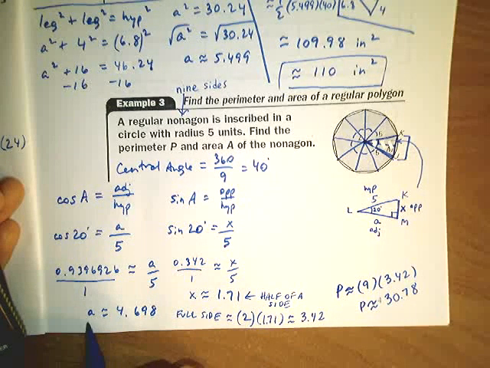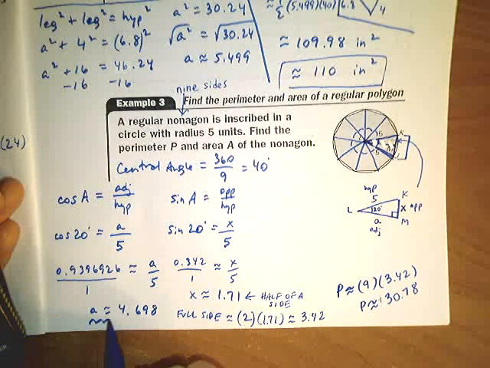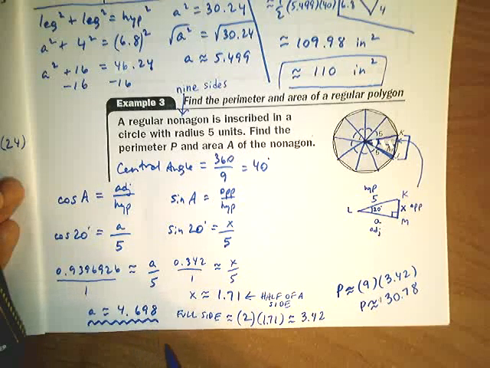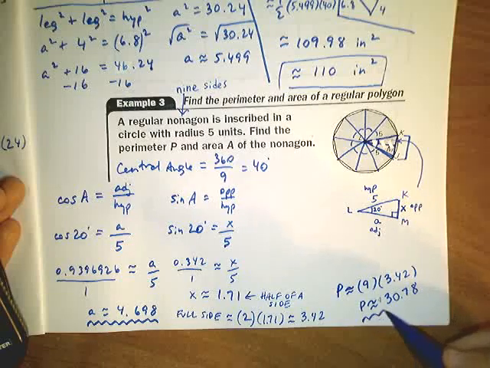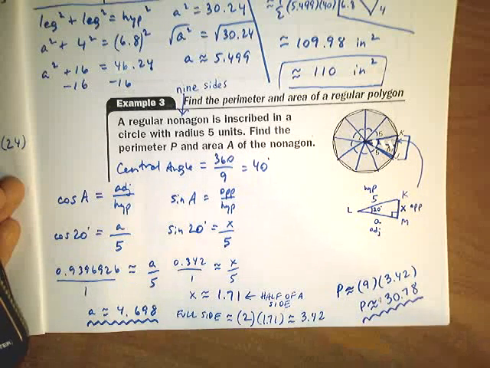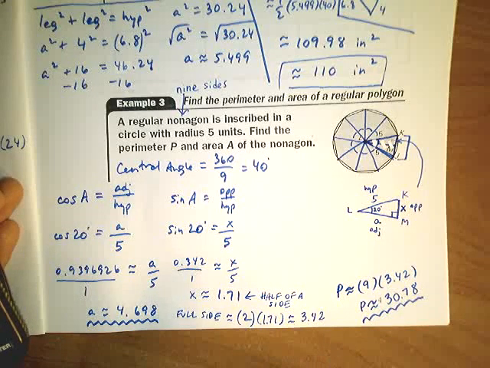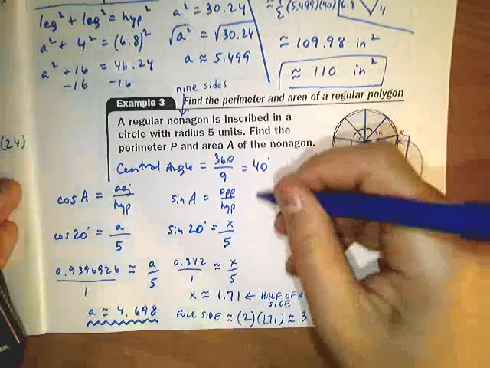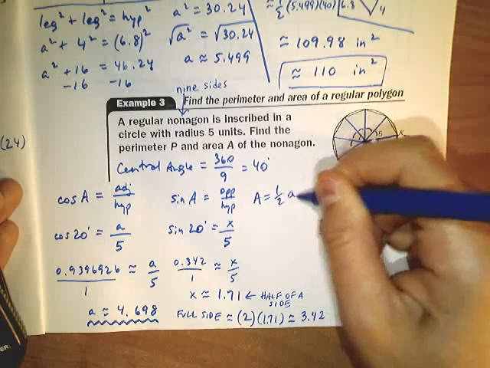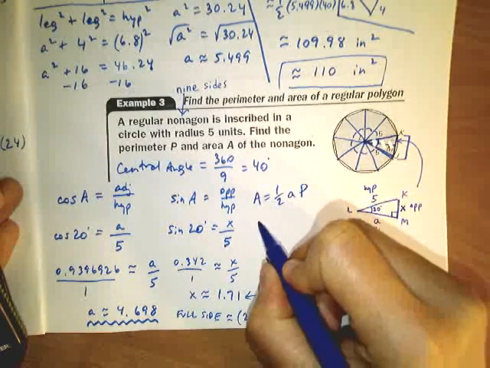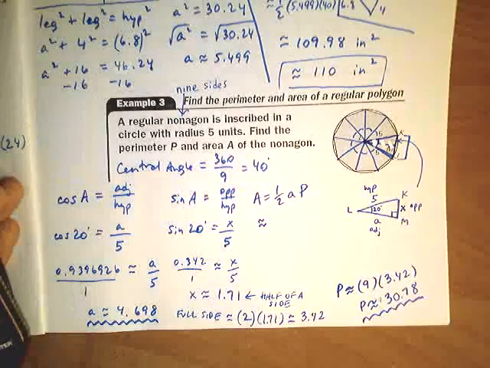So, remember, to find the area of a shape, I need the apothem length and the perimeter length. And again, the shape has to be a regular polygon. So here we go. Area equals 1/2 times the apothem times the perimeter for any regular polygon.